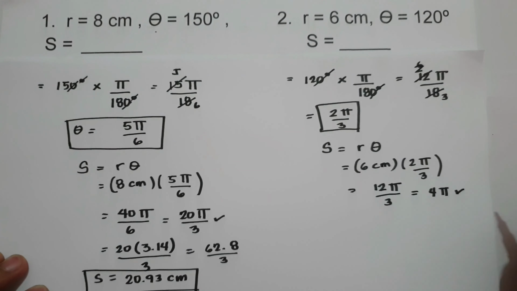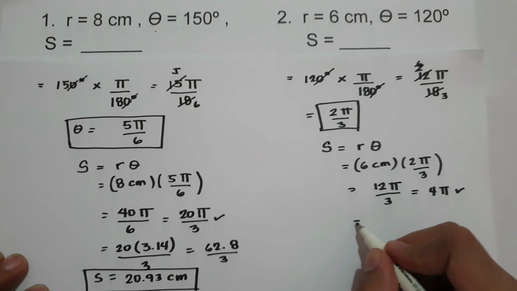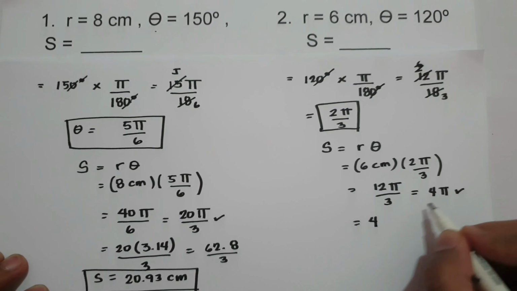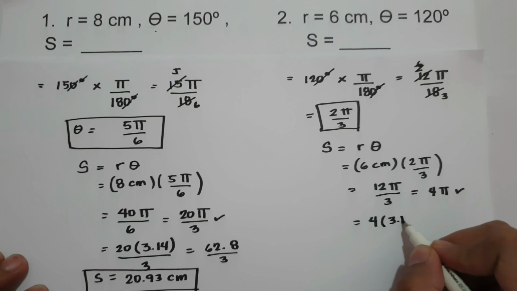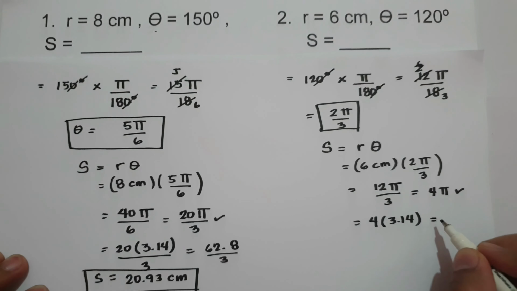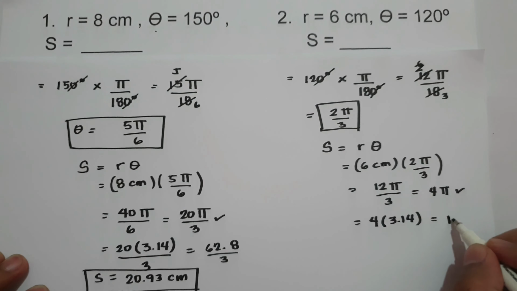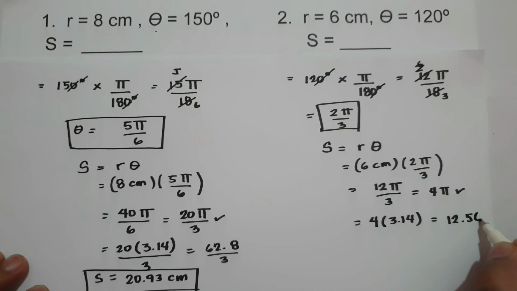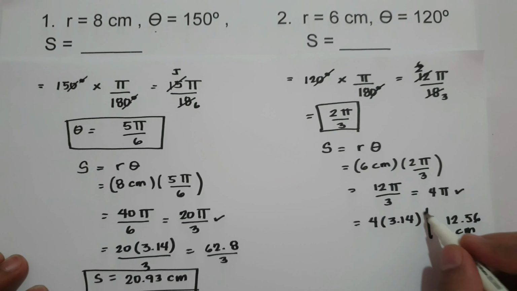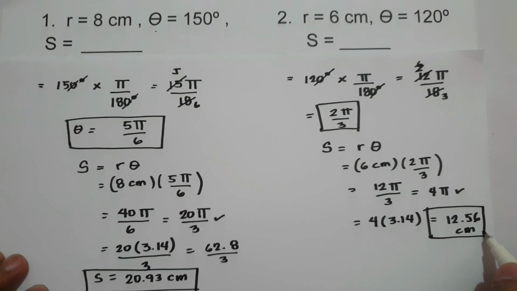So this would be our answer. Or you can write it as 4 times 3.14, which is 12.56 centimeters. So this would be the length of the arc.